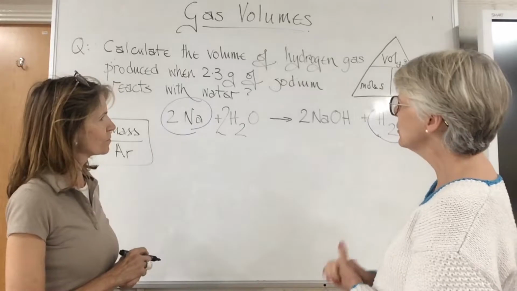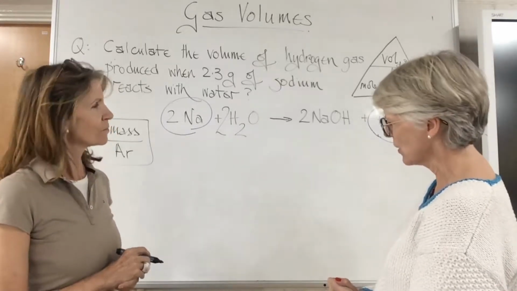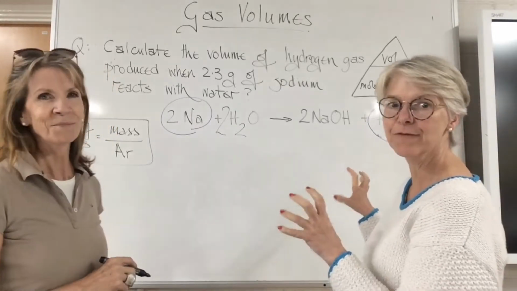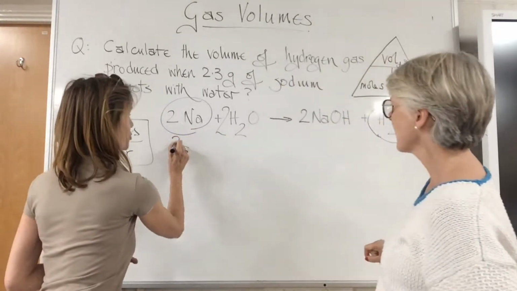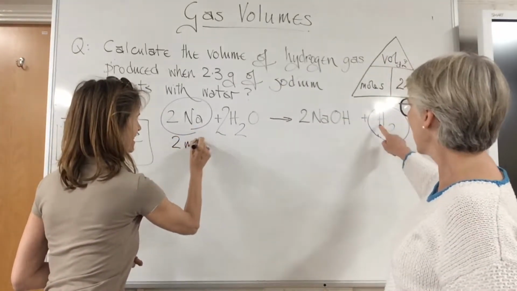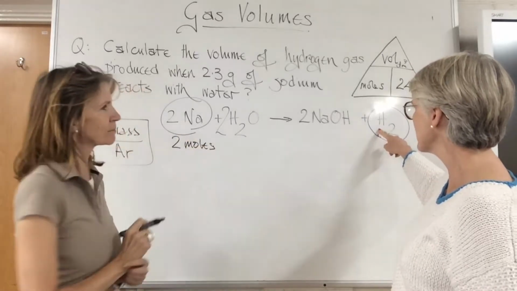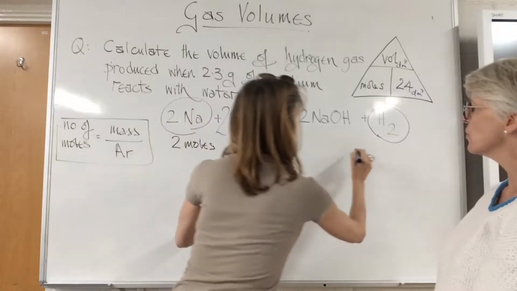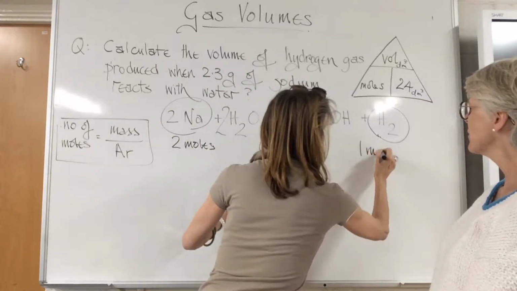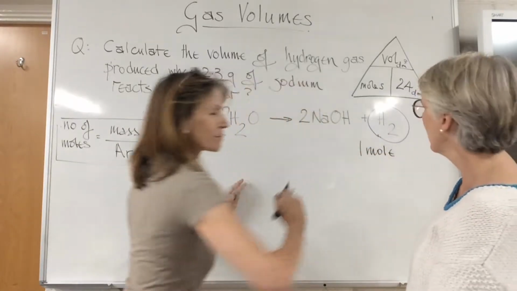I can then look at the mole ratio, and that's the big numbers at the front. So I've got 2 here, so that'd be like 2 moles. And I haven't got a number in front of the hydrogen, so I assume it's 1. So it's 2 to 1. So 2 moles of sodium produces 1 mole of hydrogen.